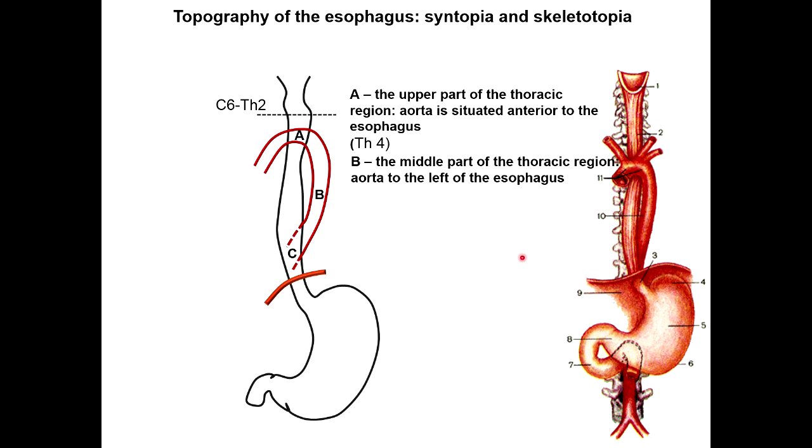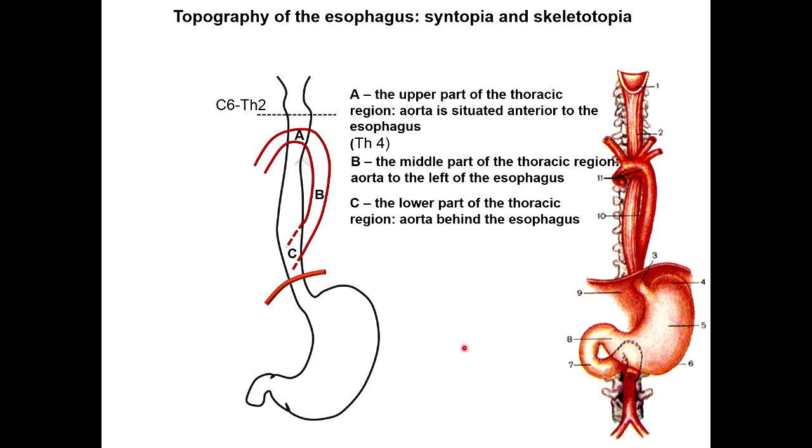And now letter C. Letter C corresponds to the lower part of the thoracic region, and now the aorta is behind the esophagus. These relationships mean syntopy.